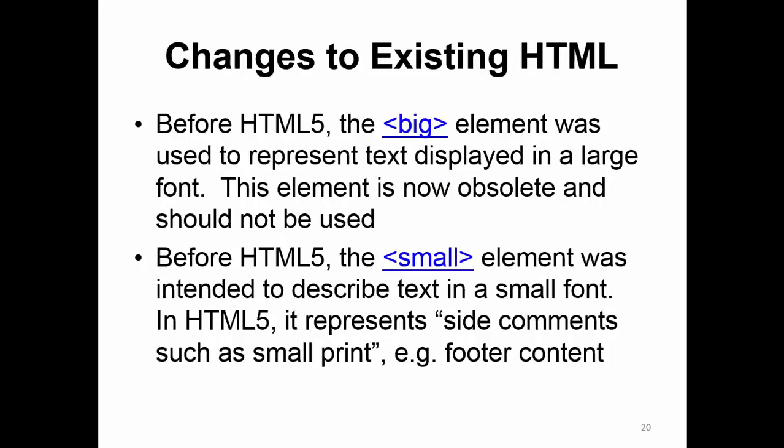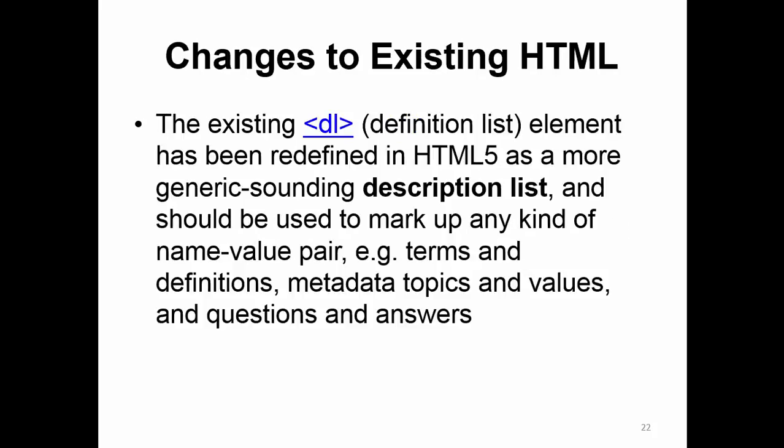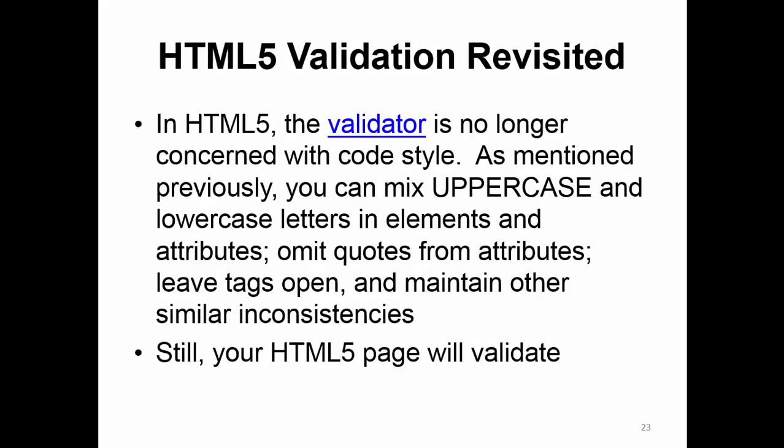The big element has basically become obsolete. It shouldn't be very much used. The small element now is basically used just for footer content, and that's about it. The cite element should be used just for a title of work. The DL tag changed from definition list to description list. I still don't use it often.